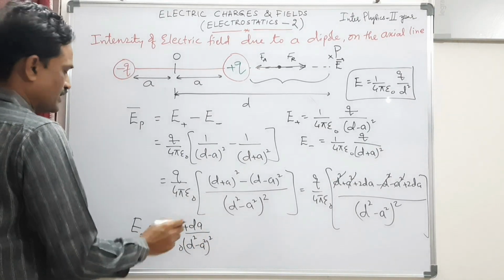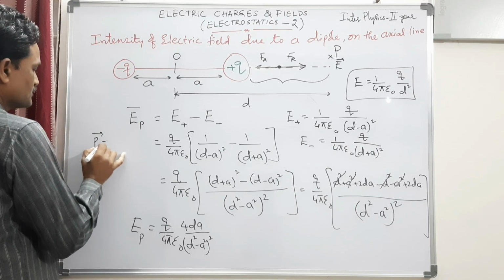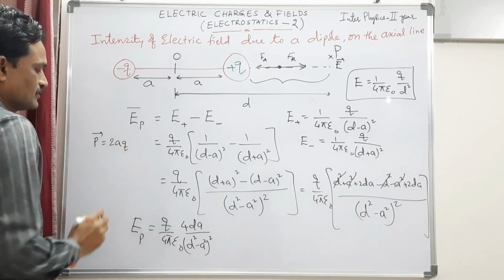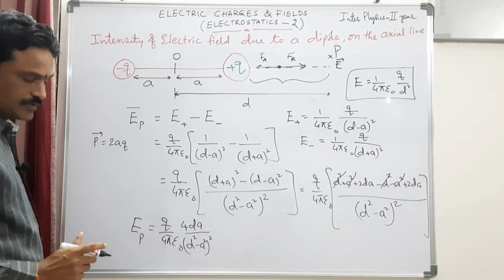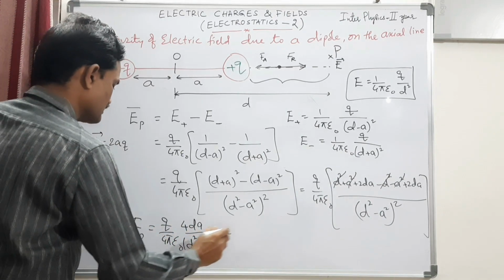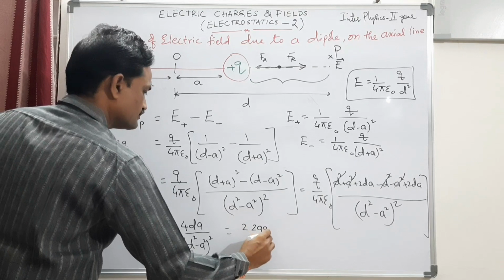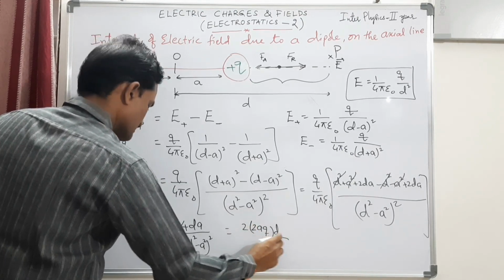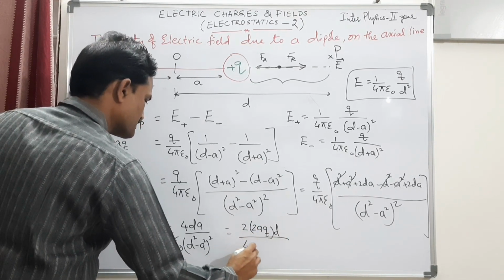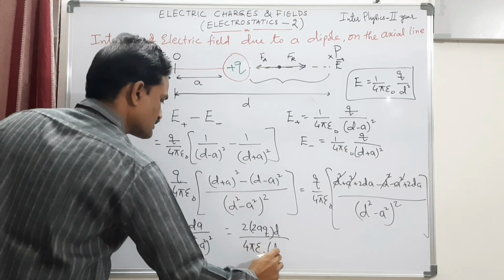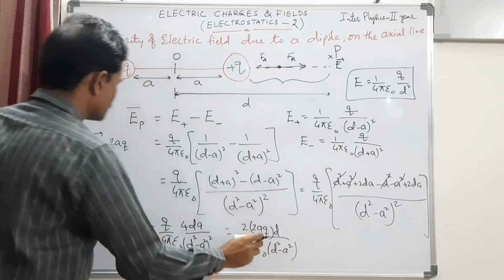So I can make use of the formula P is equal to 2AQ. That is the definition of electric dipole moment. I can write this as 2AQ into d divided by 4 pi epsilon naught (d square minus A square), whole square.